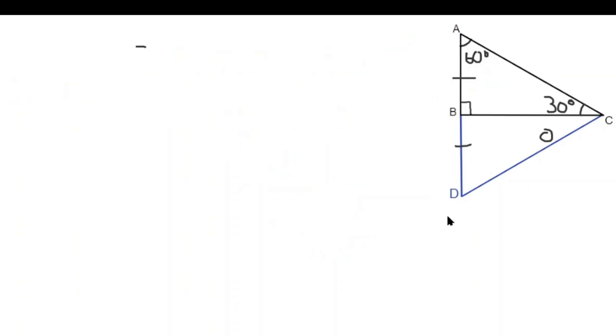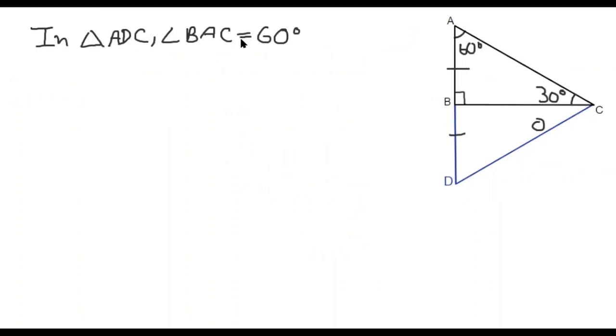Now we will continue the proof in triangle ADC. So we have to consider this full triangle ADC. In triangle ADC, angle BAC is equal to 60 degrees. It is already given that this angle A is 60 degrees.